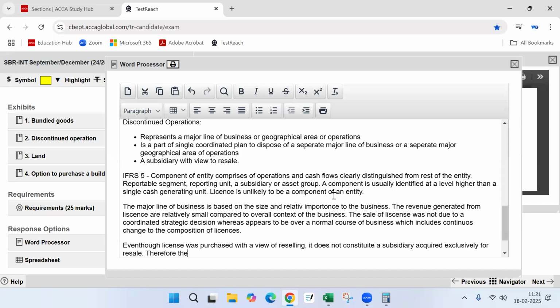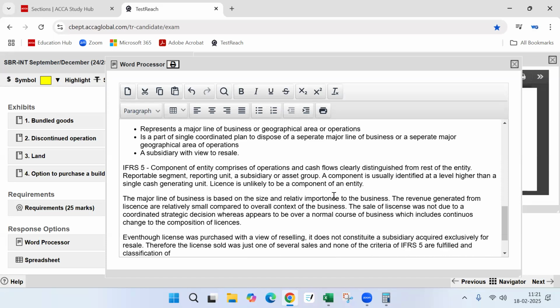Therefore, the license sold was just one of several sales and none of the criteria of IFRS 5 are fulfilled, and classification of profit on sale of license within discontinued operation was inappropriate. So it should be classified as revenue.